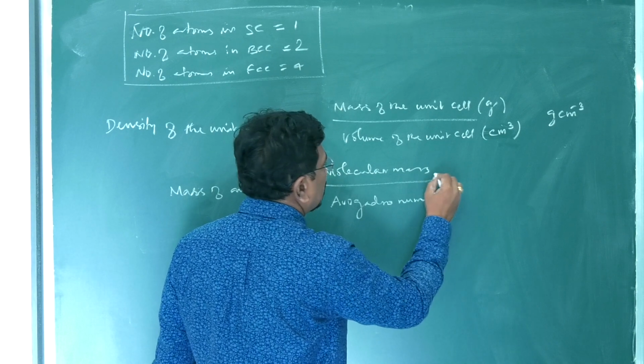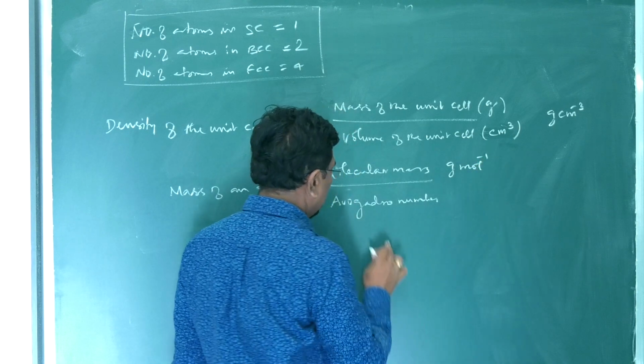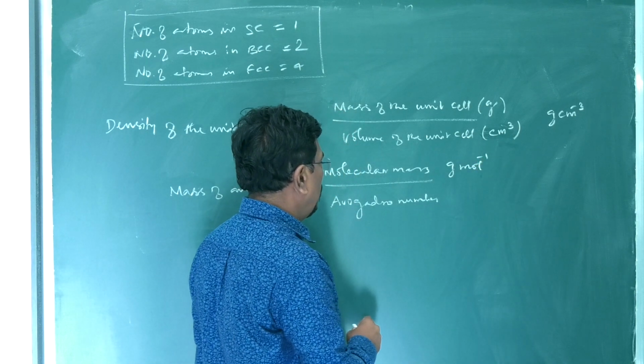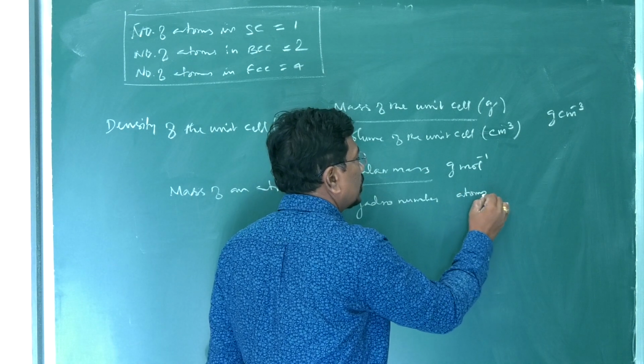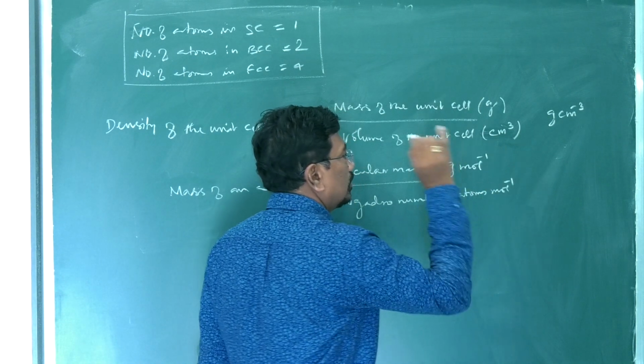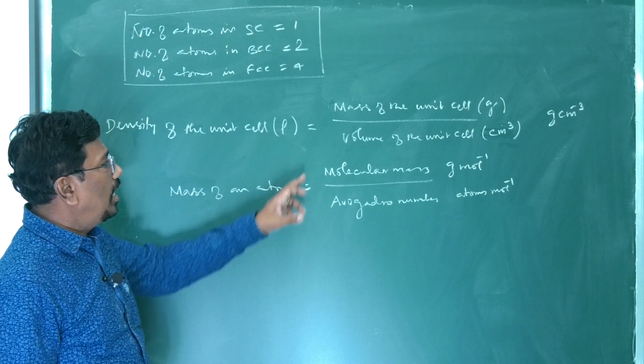Because molar mass is nothing but gram per mole, and Avogadro number is nothing but number of atoms per mole.